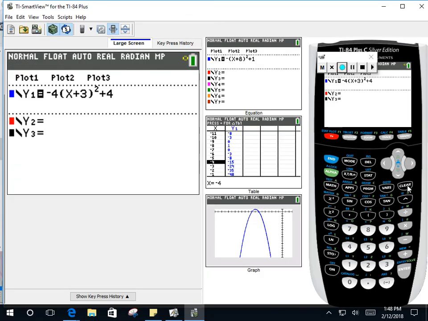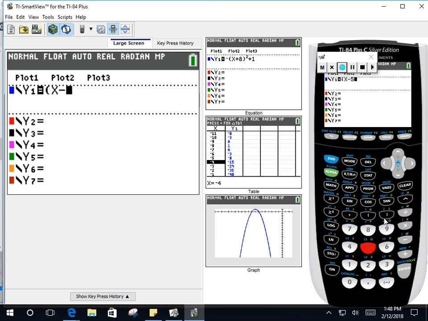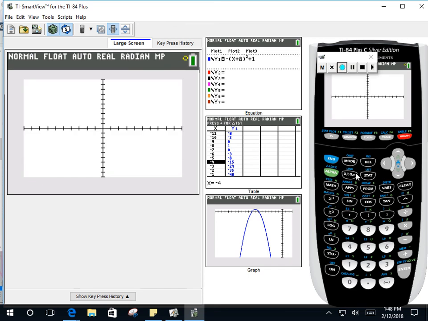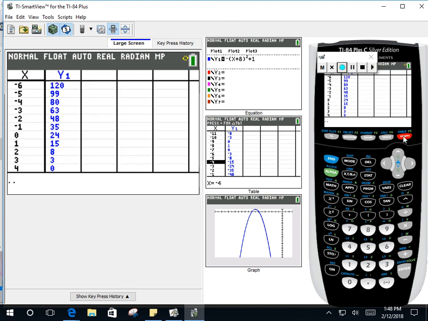y equals (x minus 5) squared minus 1. Okay, now I'm going to go to the table. I'm going to scroll down to get into some smaller numbers that will actually fit on the graph.